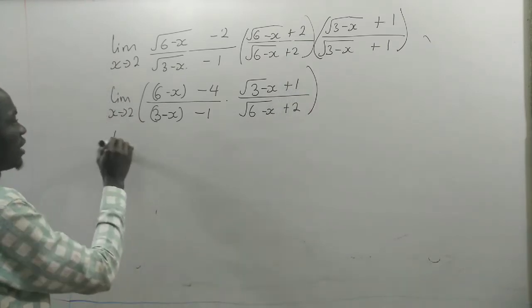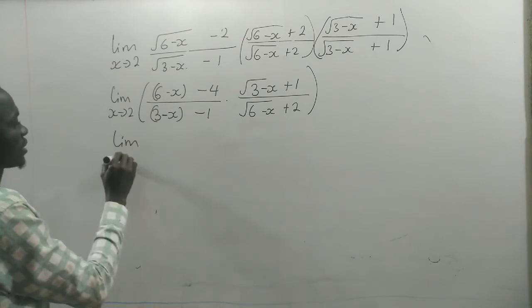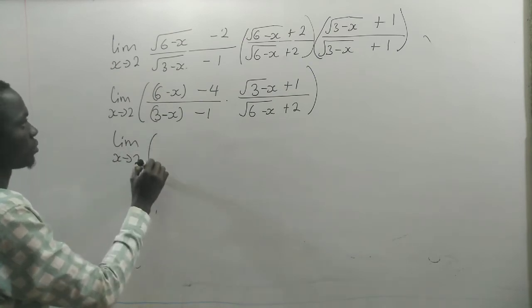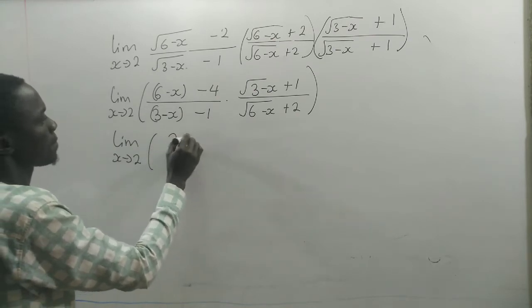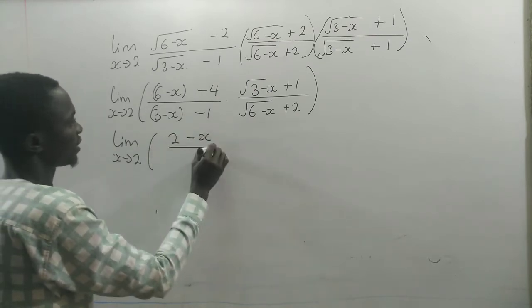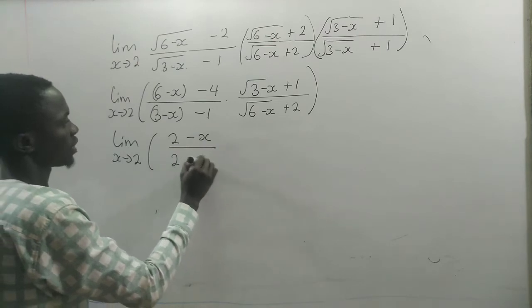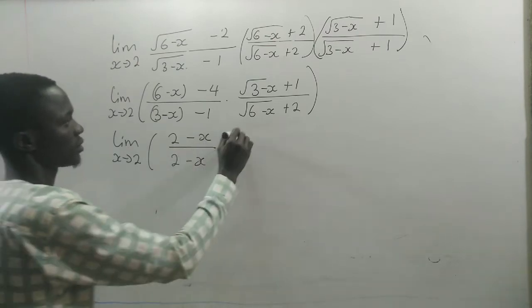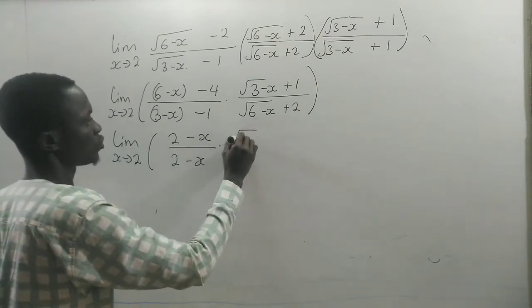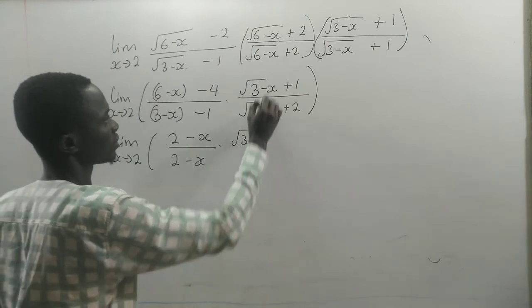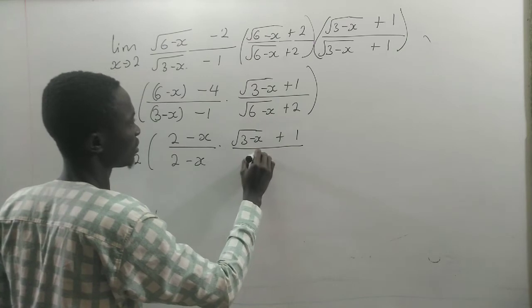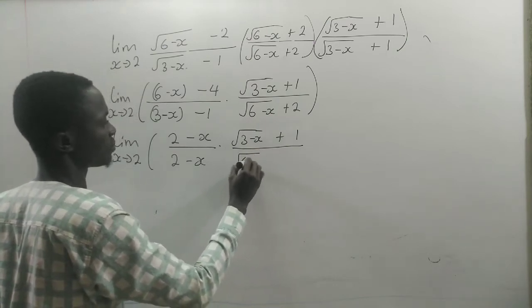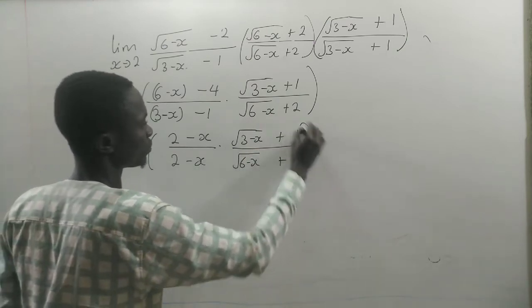So here I'm going to have the limit as x approaches 2. This one will give me 2 minus x divided by 2 minus x, times root of 3 minus x plus 1 divided by root of 6 minus x plus 2.